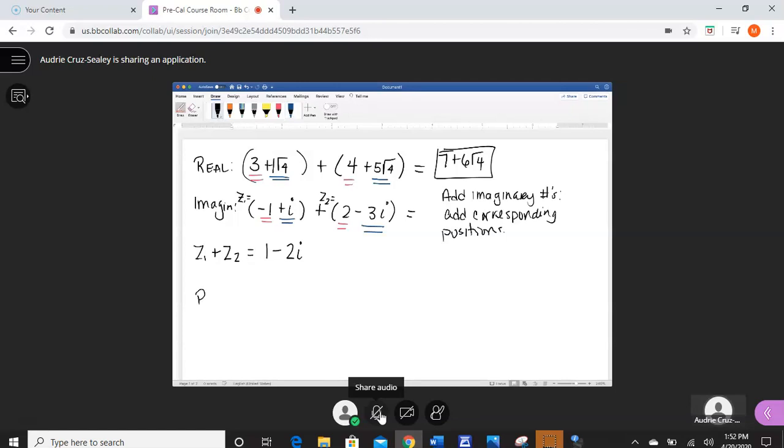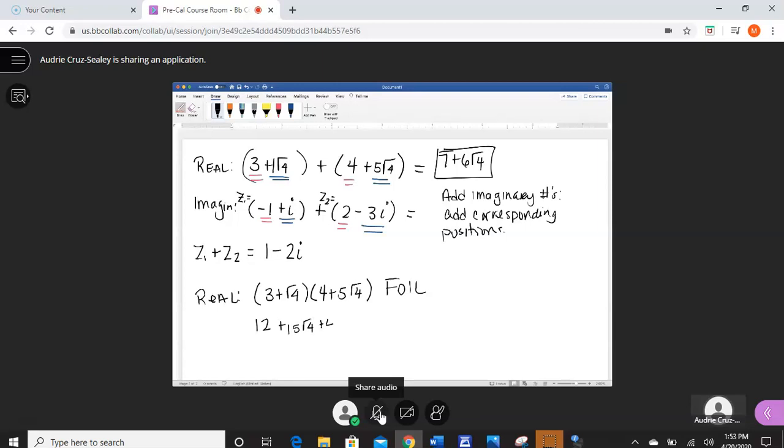I'm afraid to ask. In the real plane, what if I wanted to do 3 plus the square root of 4 times 4 plus 5 the square root of 4? What if I wanted to multiply these numbers together? You would FOIL this, right? So you would get 12 plus, outer would be 15 square root of 4.